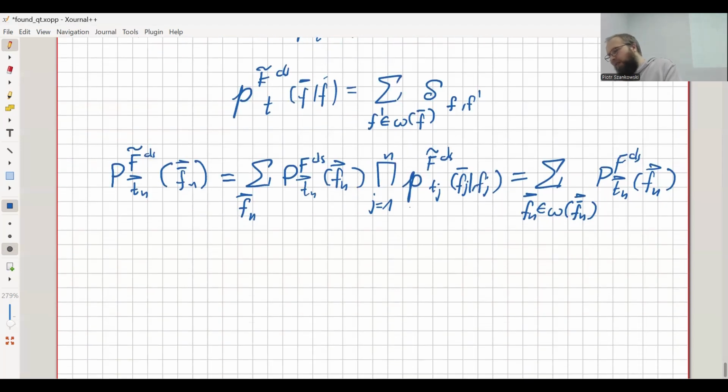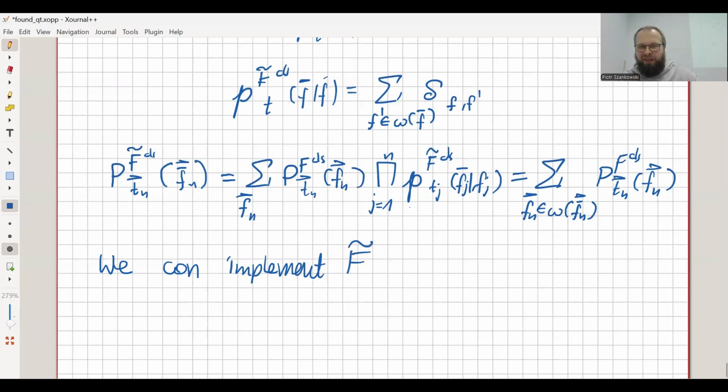However, if you go to a non-classical theory, right? In our scenario, we can implement this kind of classical-like coarse-graining. So we can implement F tilde in our non-classical case.